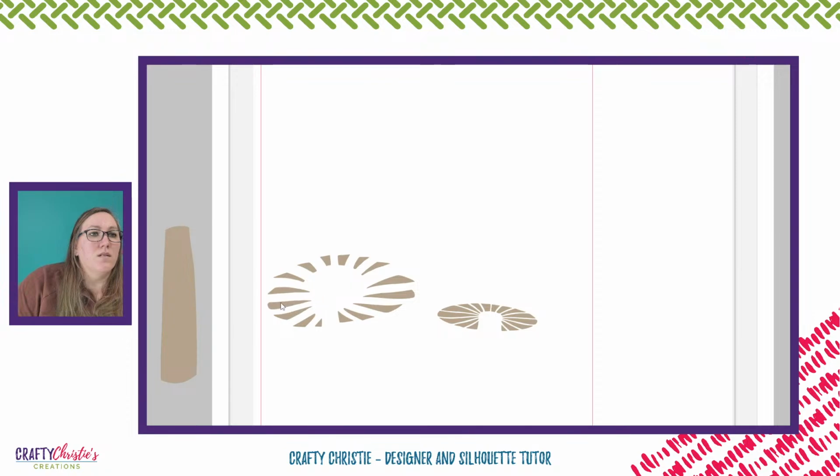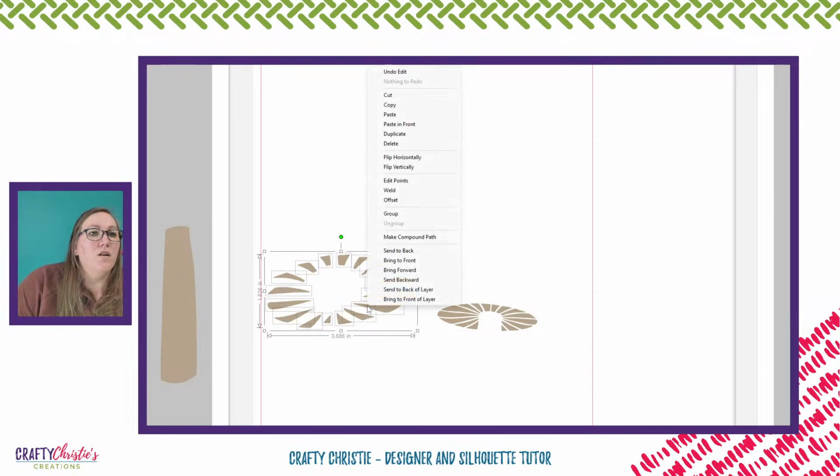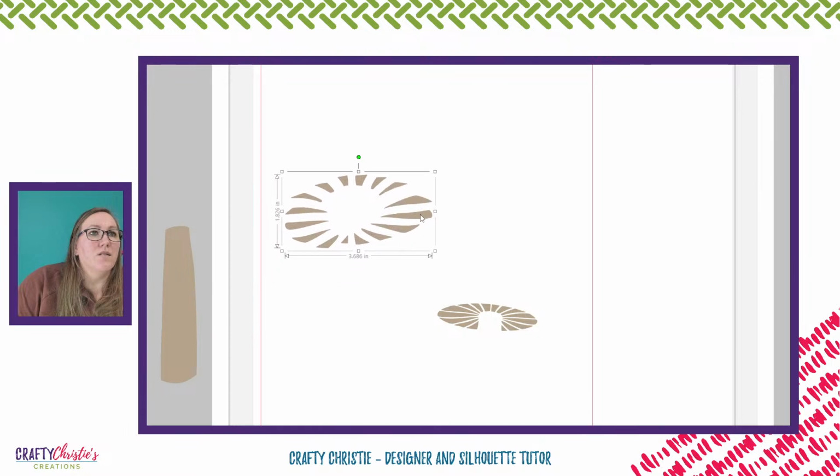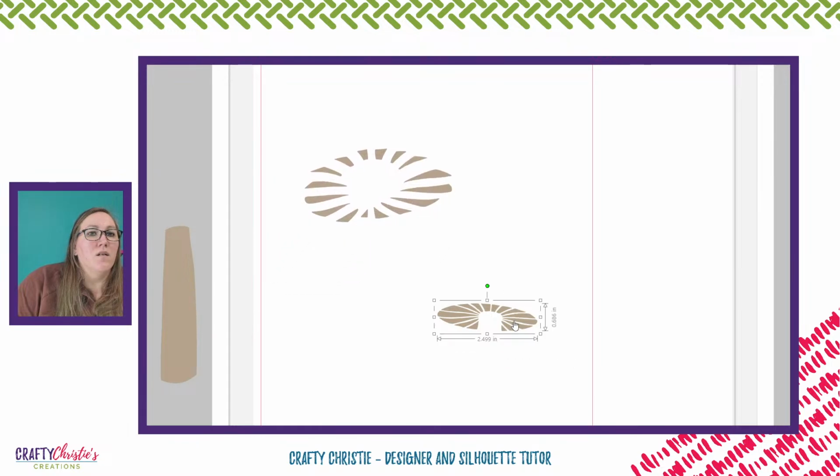So let's see if that saves us any trouble. I'm just going to try it with this one. We'll group it together. And then that one we'll just pull off to the side.